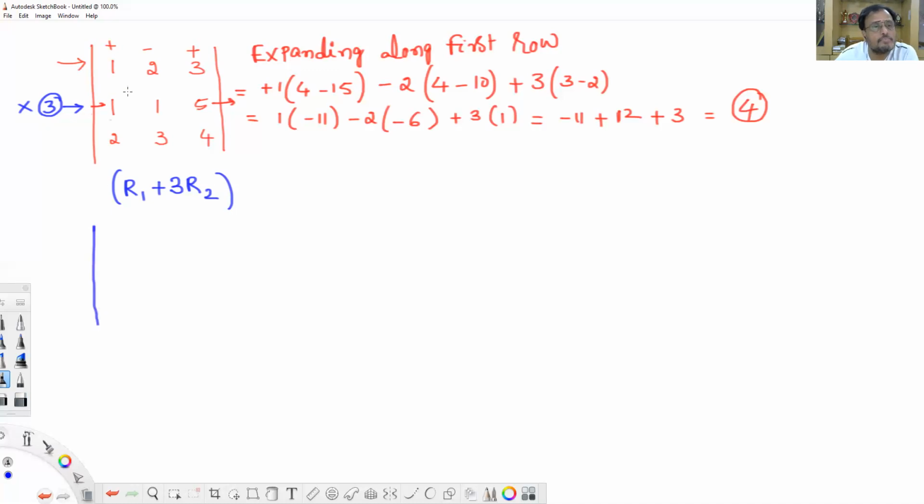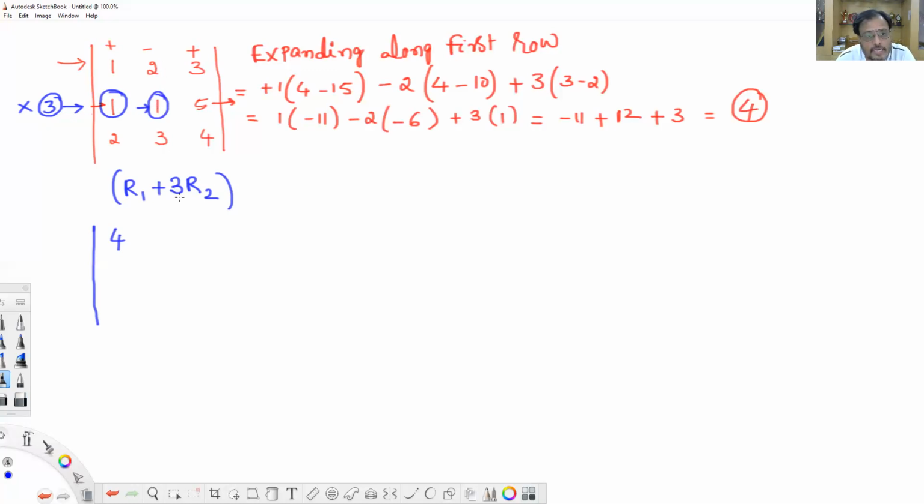Now look at what will happen. First, try to understand this: 1 multiplied by 3 becomes 3. That I am adding to the first row, 3 plus 1 is 4. If you are not clear, try again: I am multiplying this element by 3, 1 into 3 is 3, and that result I am adding to the first row.